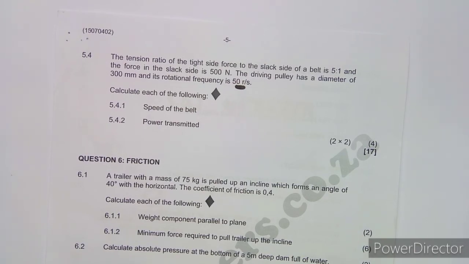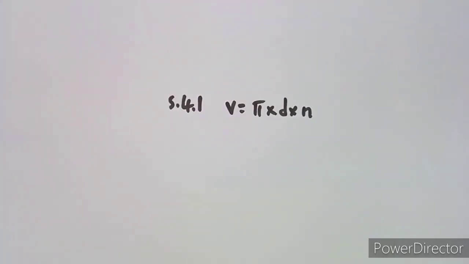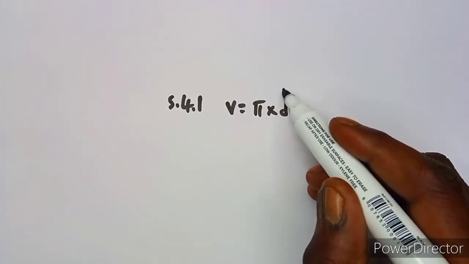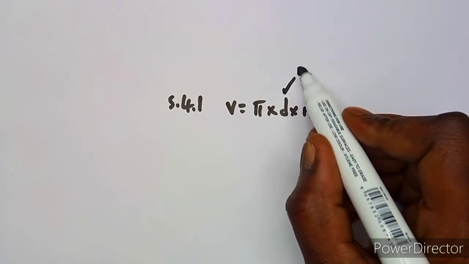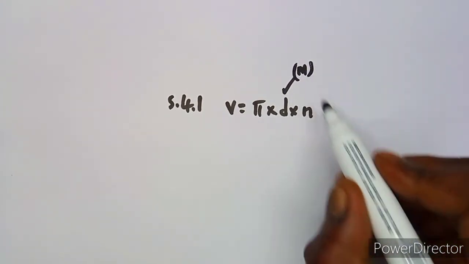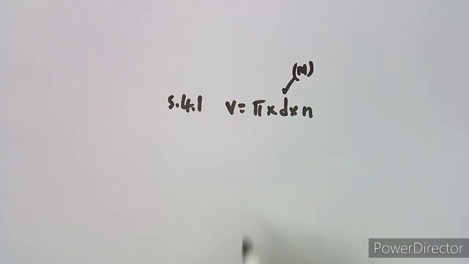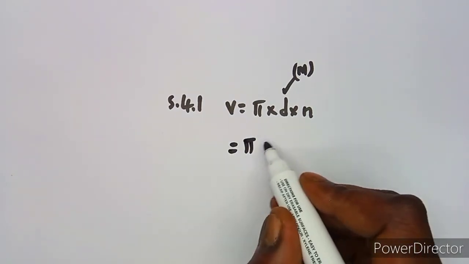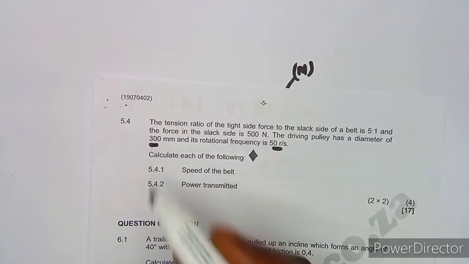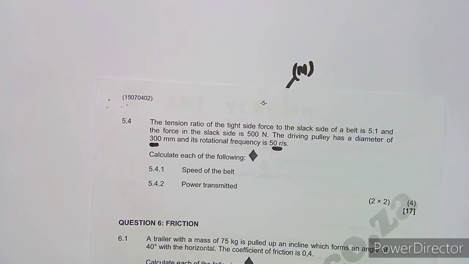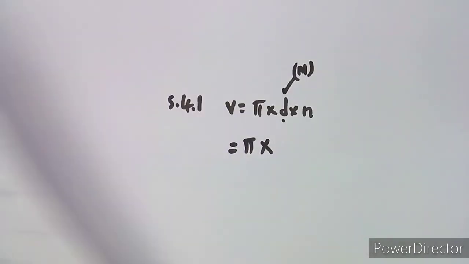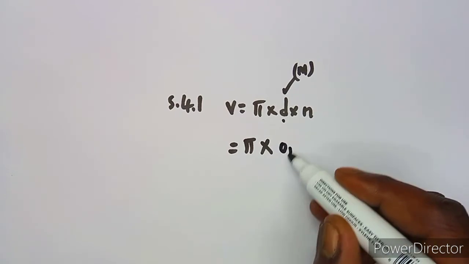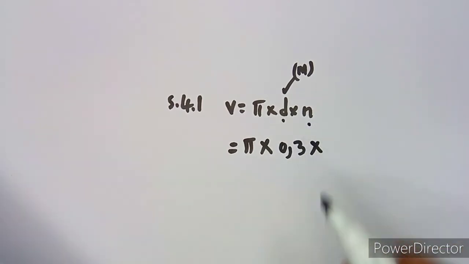Okay, so in this case, this time we are supposed to use our diameter in meters, then the revs in revs per second. So we can actually substitute pi times the d, which is the diameter in meters, which means you divide 300 by 1000, so it's going to be 0.3, multiplied by n, which is 50.